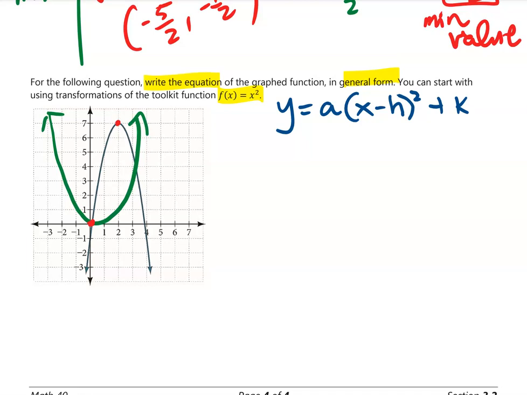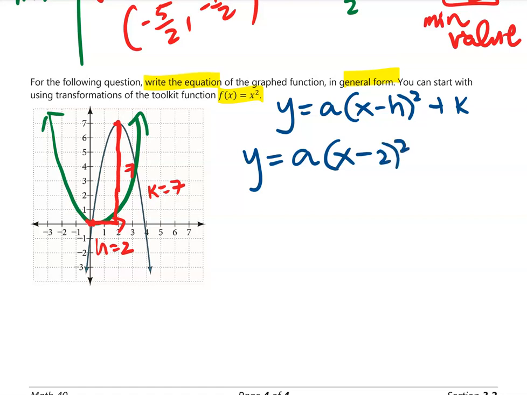So you move from this point 2 to the right, so that is h is equal to 2, and then you go up 1 2 3 4 5 6 7, you go up 7, so that is your k is equal to 7. So let's write that. y equals a times x minus 2 squared plus 7.